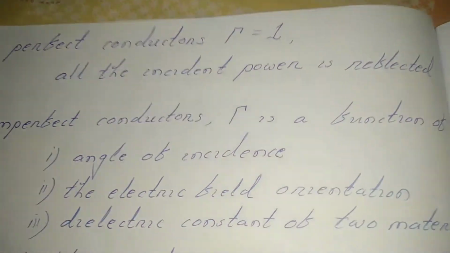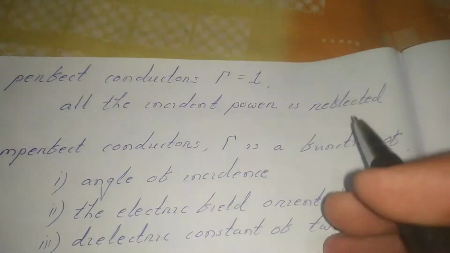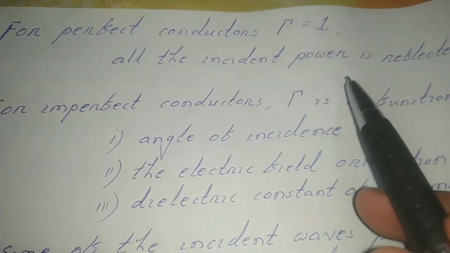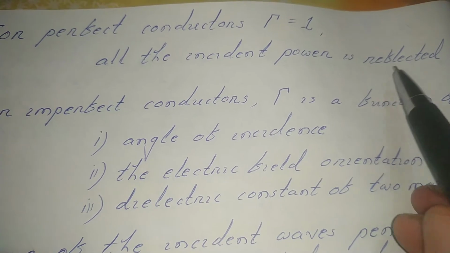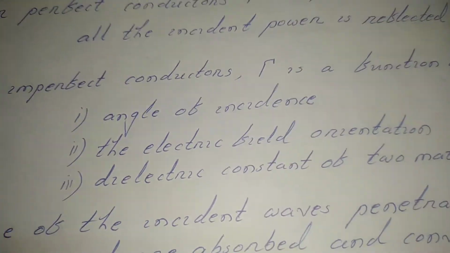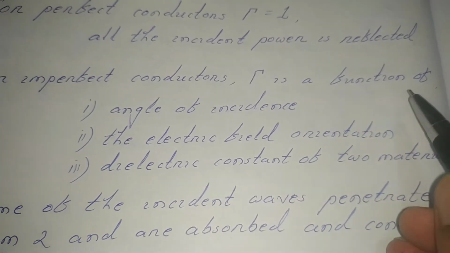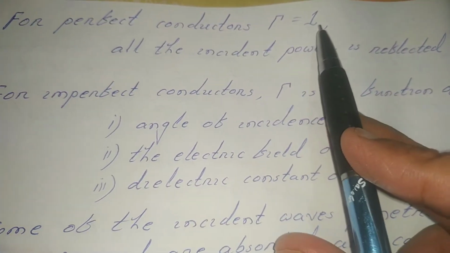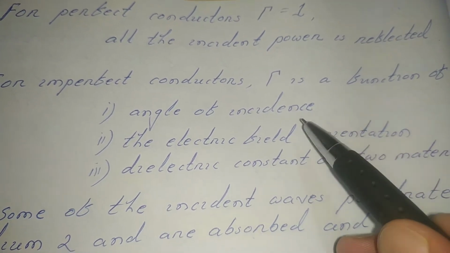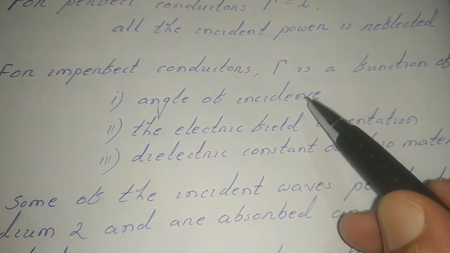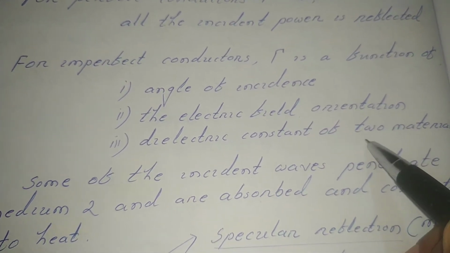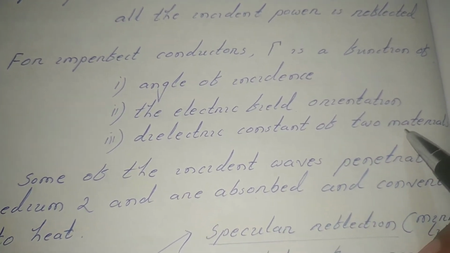Next, that reflection coefficient value is 1 for perfect conductors. That means all the incident power is reflected, but for imperfect conductors the reflection coefficient value is not equal to 1. It varies, and that value depends upon these three parameters, that is angle of incidence, the electric field orientation, and the dielectric constant of the two materials.